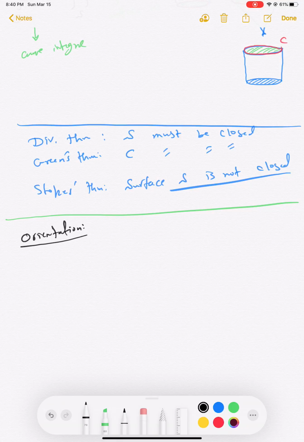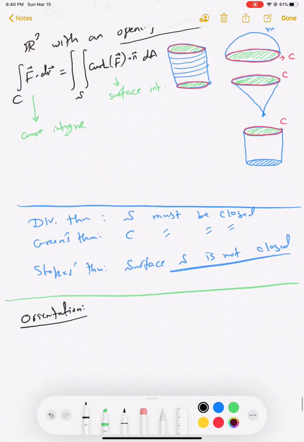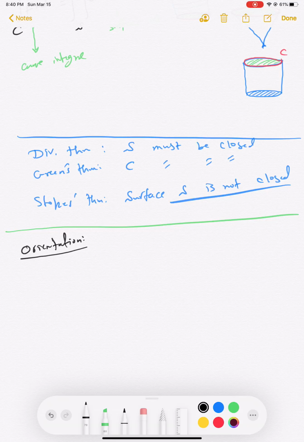So what is the orientation in Stokes theorem? For example, imagine your surface was just a disk. So for example, if you look at x squared plus y squared less than or equal to 1 at any level, for example, when z is equal to 0, this is this disk. Now this disk is by itself an open surface, and this is the opening curve.